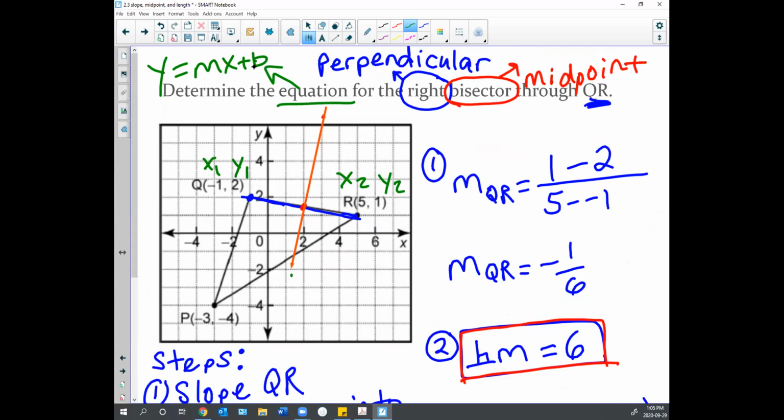What do we know so far about the right bisector? The m, thank you, the m. We have the slope is 6. And then randomly, I have another point, right? I have the midpoint. So what are we missing in order to be able to write the equation of a line?